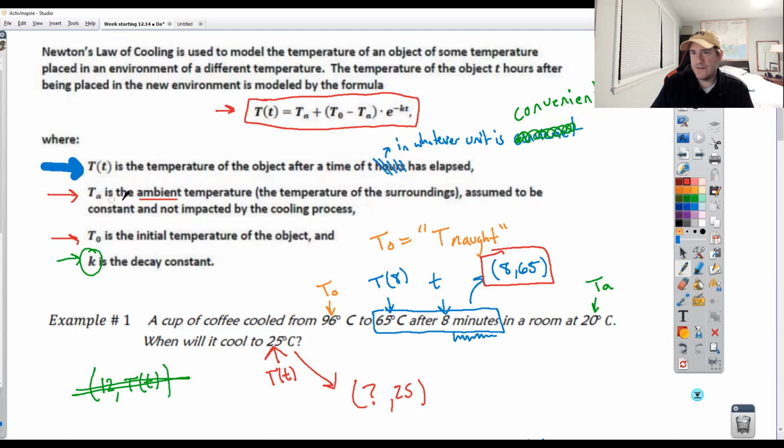Then T_A, that's the ambient temperature. Ambient means the surroundings, which typically means the air, right? You just set something on a table and it cools down, so it's the surrounding air. But you could dunk something into a bowl of ice water, and then it's the temperature of the water. You could drop something into oil. You know, blacksmiths do that when they're trying to temper metal.